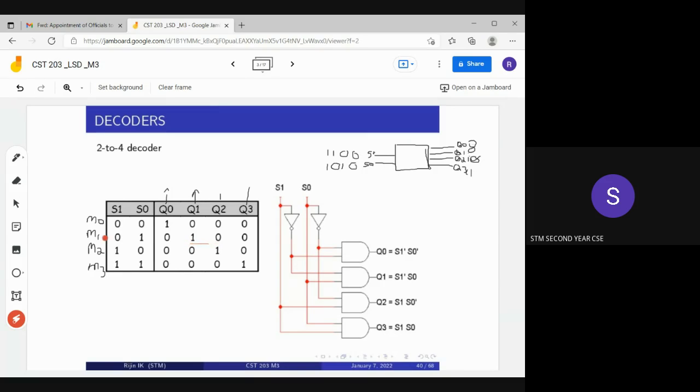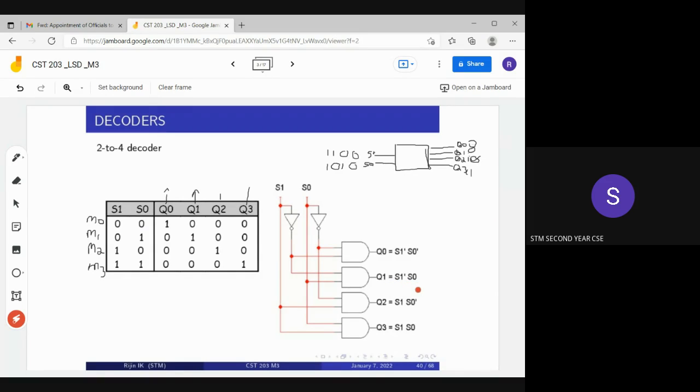Q1 means 0 1, that is S1 has value 0 and S0 has value 1. So we take S0 and S1 dash. Q0 is equal to S1 dash S0 dash because both are 0. Here Q1 is equal to S1 dash S0.